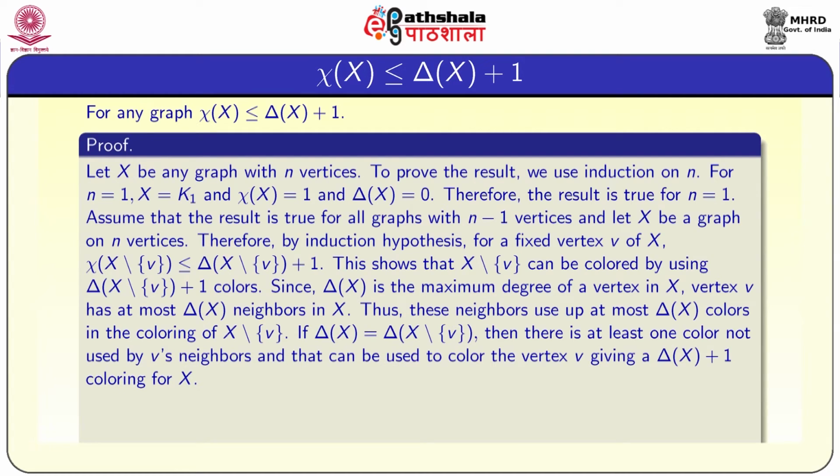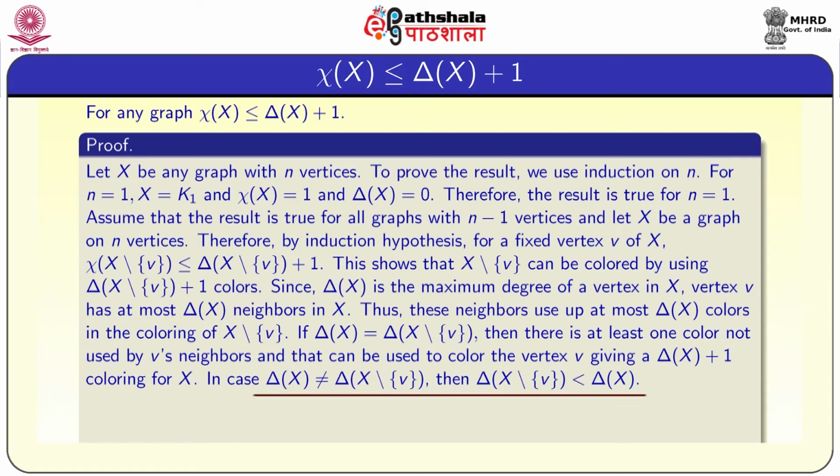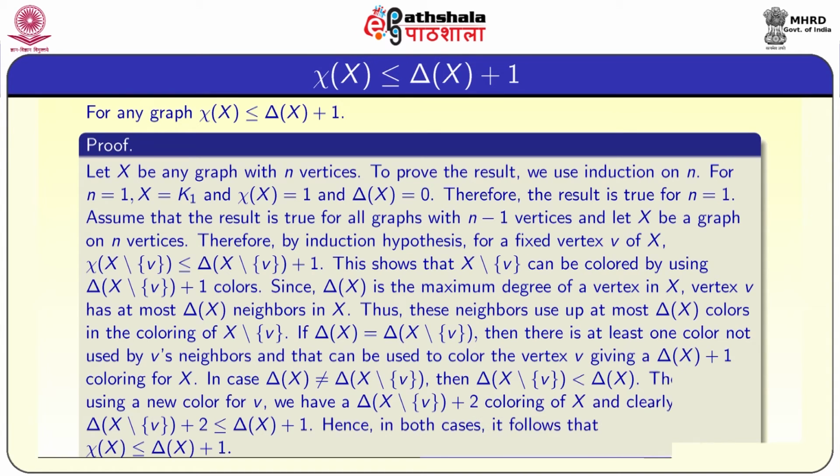If delta of X equals delta of X minus v, then there is at least one color not used by v's neighbors, and that can be used to color the vertex v, giving a delta of X plus 1 coloring for X. In the case that delta of X is not equal to delta of X minus v, that is, delta of X minus v is less than delta of X, using a new color for v we have a delta of X minus v plus 2 coloring of X, and clearly delta of X minus v plus 2 is less than or equal to delta of X plus 1.